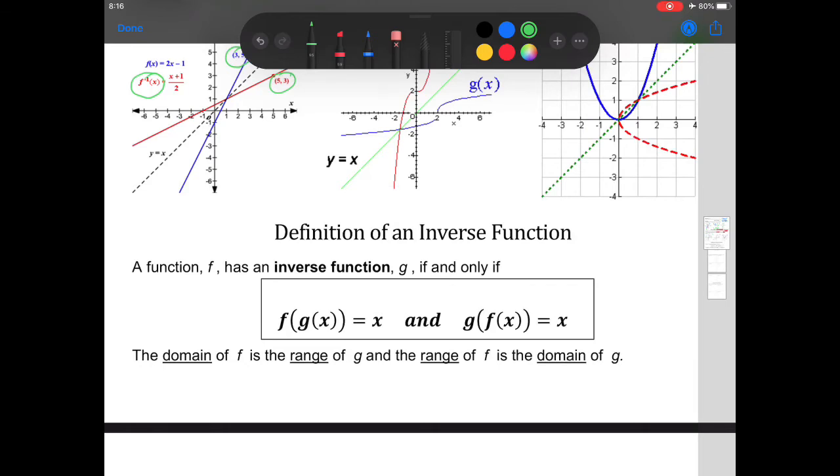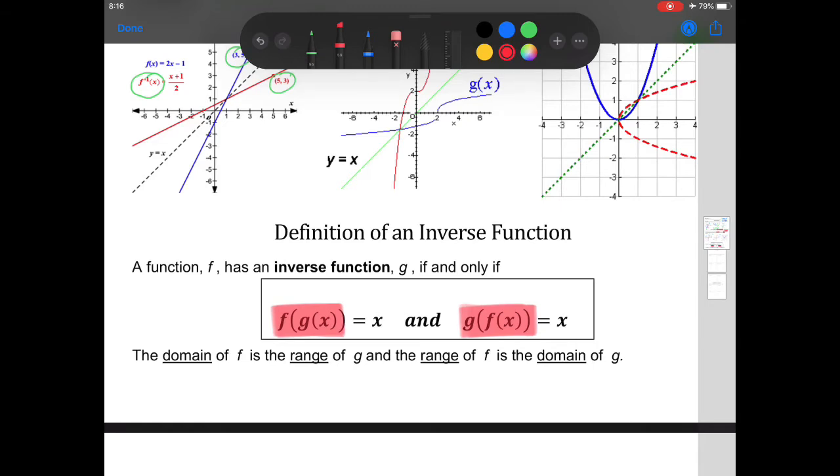Definition of an inverse. A function f has an inverse function g if and only if f of g of x equals x and g of f of x equals x. So this is actually compositions. That's what we've done in the past lesson, right? If you do the composition and you get both of them equal to x, then you know that the two functions are inverses of each other.